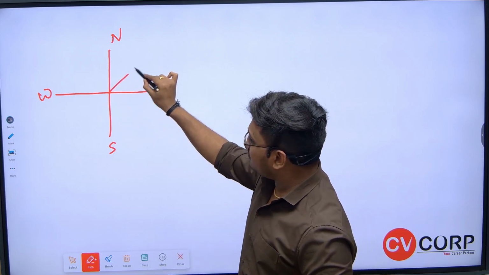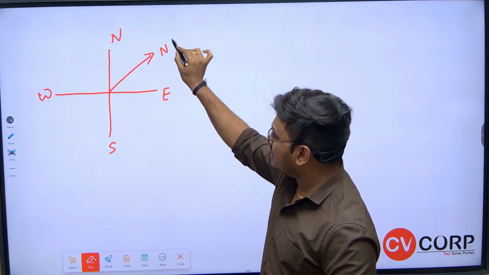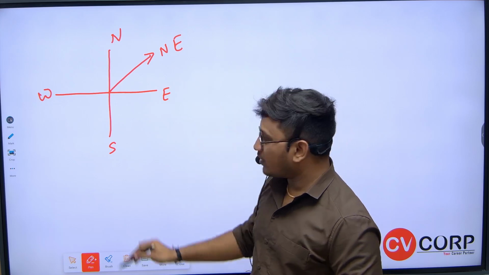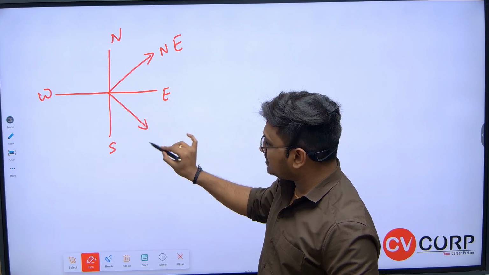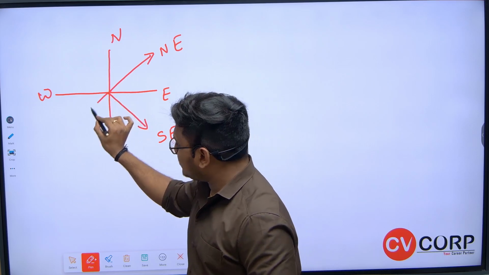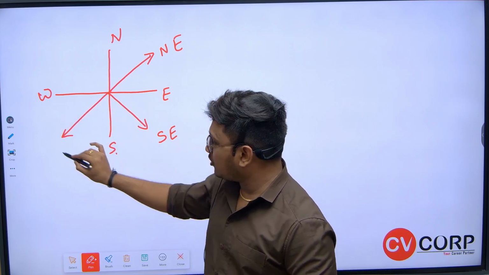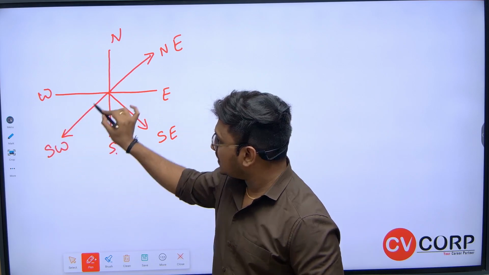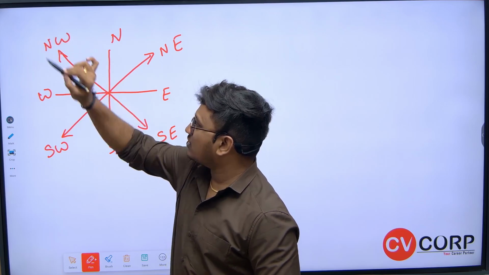The direction in between north and east, we call northeast. The direction in between south and east, we call southeast. The direction in between south and west, we call southwest. And the direction in between north and west, we call northwest.